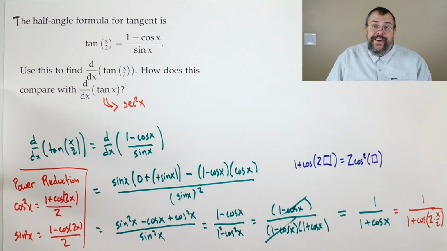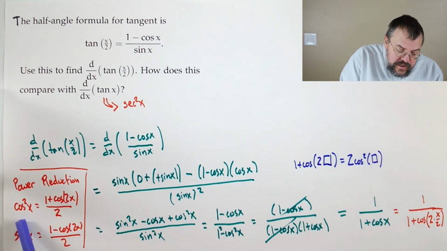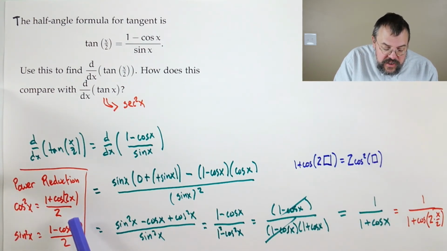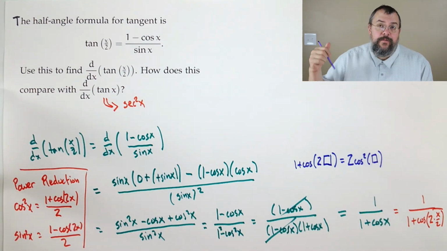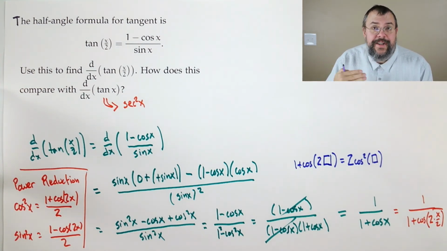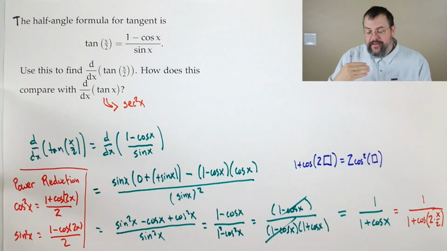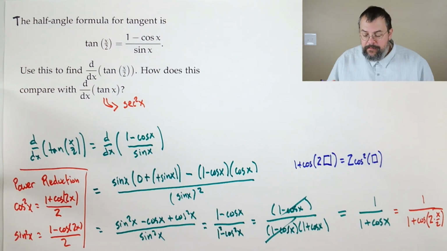So that's our identity. The reason we like this identity is we almost always use it going from cosine squared over to this expression, because we like to reduce the exponents. They can be hard to work with. But identities are a two-way street. If A equals B, B equals A. So we can use them whichever way is convenient.